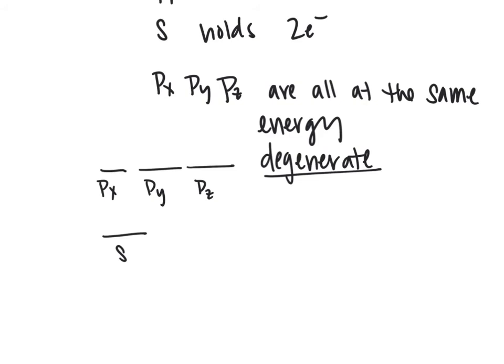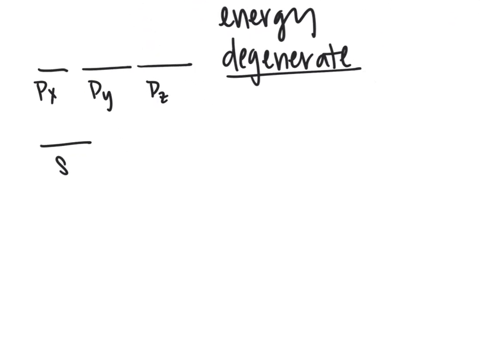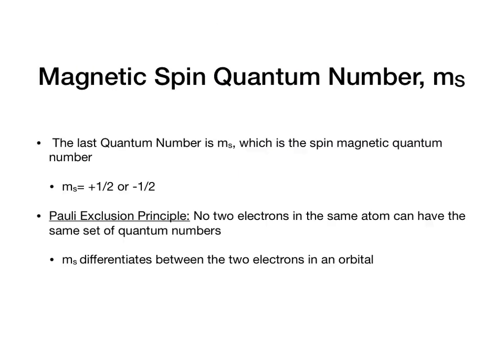And so if we have 2 electrons that are going to go in any of these orbitals, we need a way to distinguish between these 2 electrons. So if there's electron 1, oops, that should be a negative sign, and electron 2, how can we tell them apart in any given orbital?